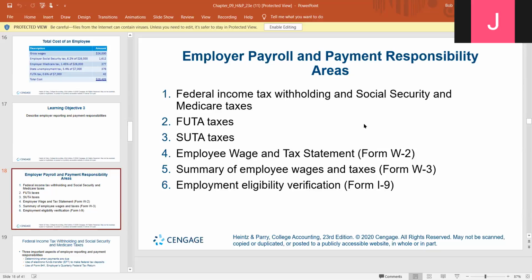You're sitting home in January and all of a sudden the mail comes and you say, "I made $4,000 on my part-time job and they took $380 out of my paycheck. Hey, I'm going to get that refund." That's the W-2. The W-3 is just the total. And employers must verify eligibility with the Form I-9 that you are indeed eligible for working in the United States.